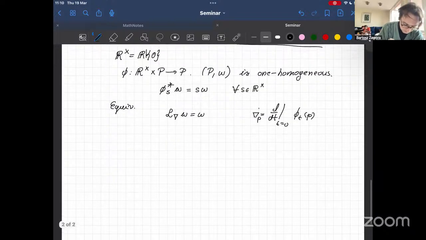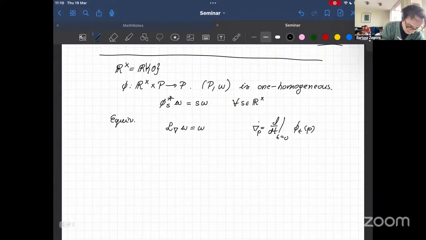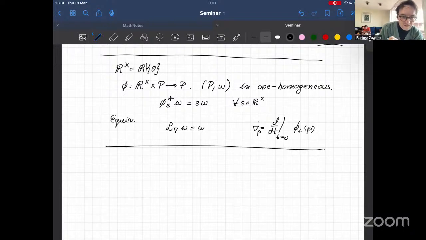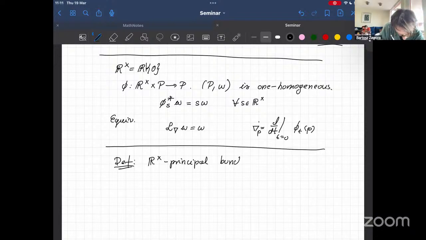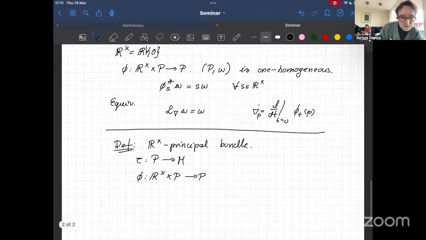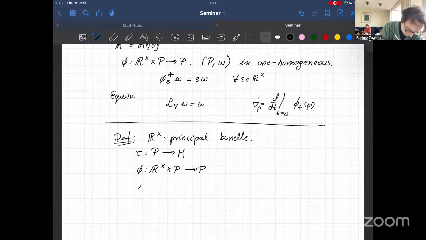Okay, so this is the general setting. Let me define an R^× principal bundle: we have a projection from P to M with the R^× action on P, with a one-homogeneous symplectic form.